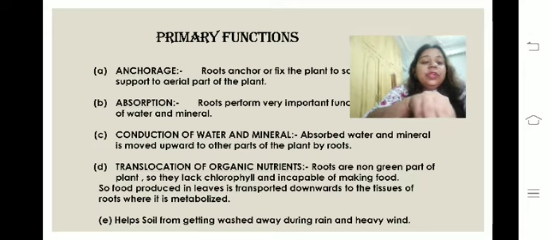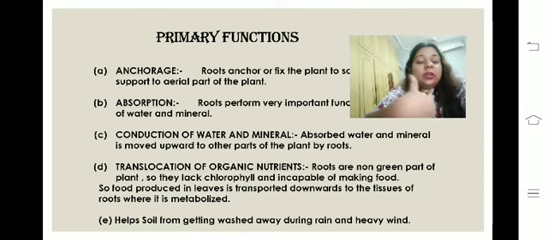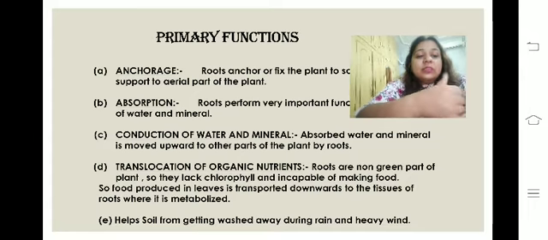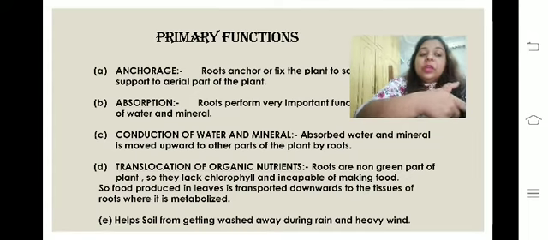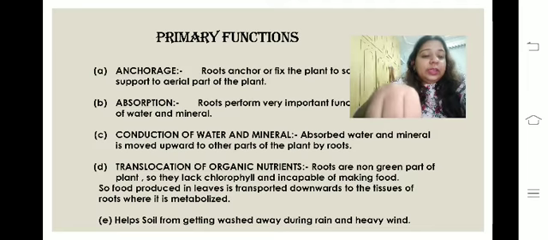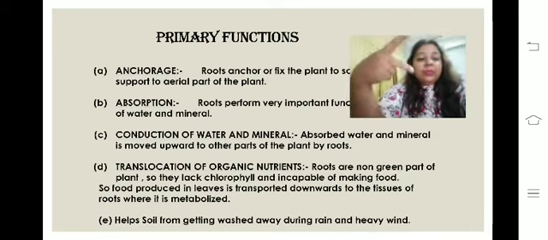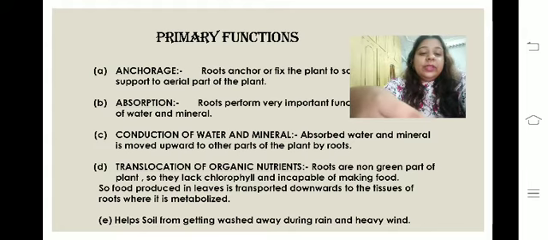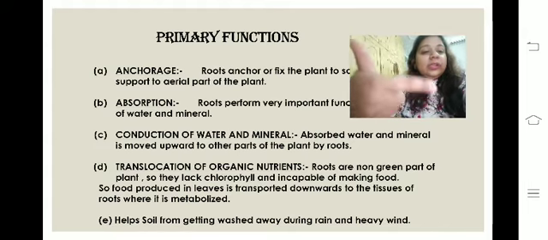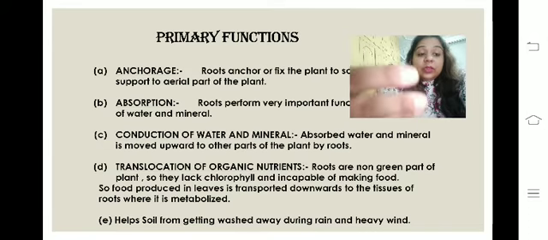And when this food is made, it is provided back to the roots, as roots cannot make their food. They get their food from the green part of the plant, that is leaves, because one more pigment is necessary for making the food, that is chlorophyll, which is present only in leaves.